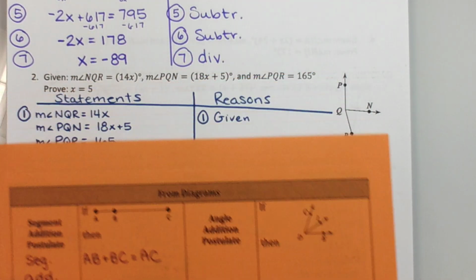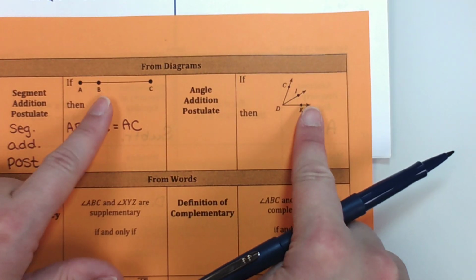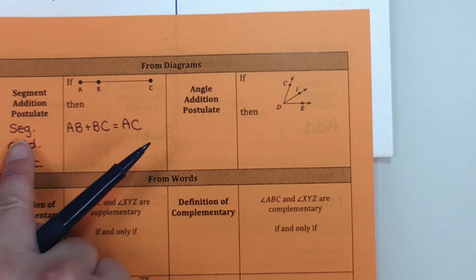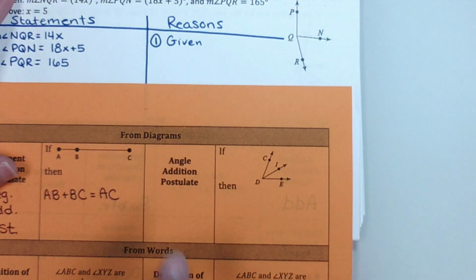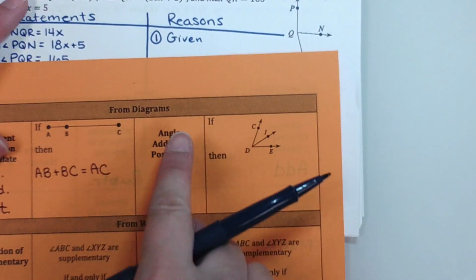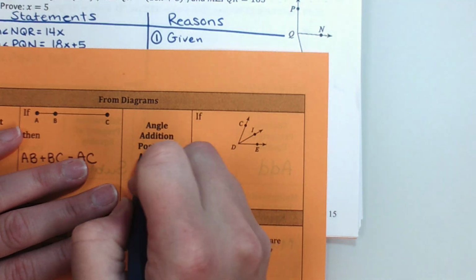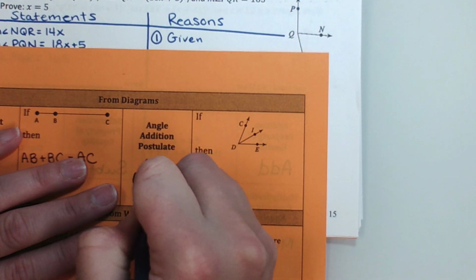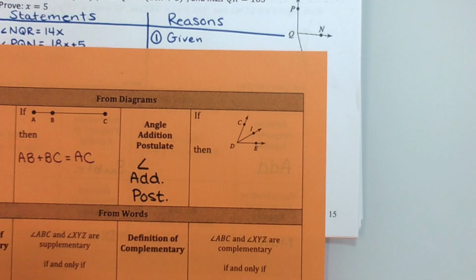So I go to my postulate sheet. My postulate sheet has two different versions of the picture. It's got the segment addition postulate, which we already established is not for this, those are not segments. And then we've got the angle addition postulate, which we can shorten down with the angle symbol, or you can write angle add post.